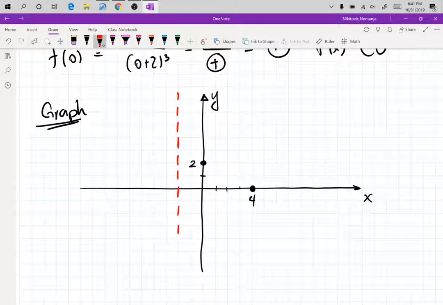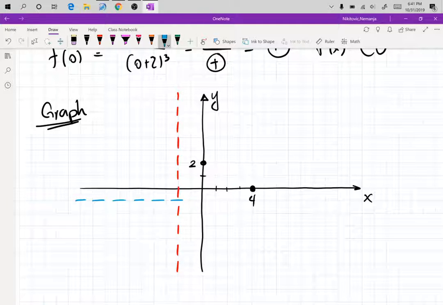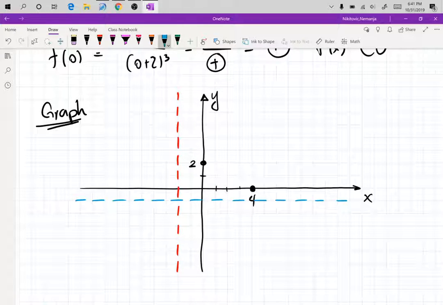Usually I like to use red for the vertical asymptote because vertical asymptotes cannot be pierced or crossed at any point. And I use blue for horizontal asymptotes because they can be pierced locally. Blue is less threatening than red, right? So I'll put the blue there.